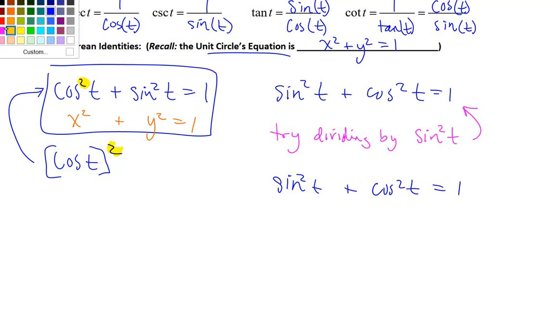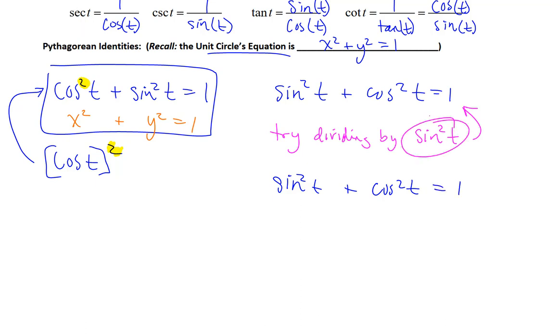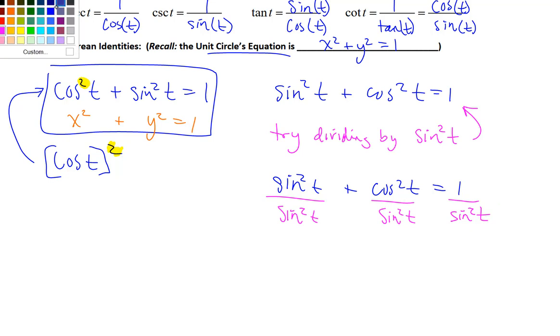But if I'm dividing everything by sine squared of t, then I would have sine squared of t over sine squared of t plus cosine squared of t over sine squared of t equals 1 over sine squared of t. Now, why does it matter and what's going on?